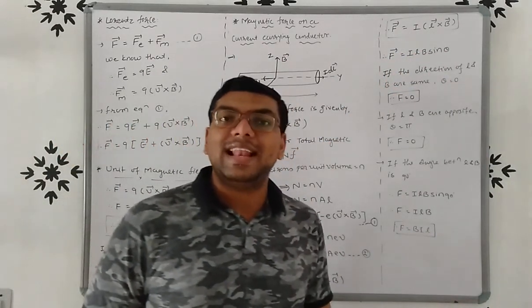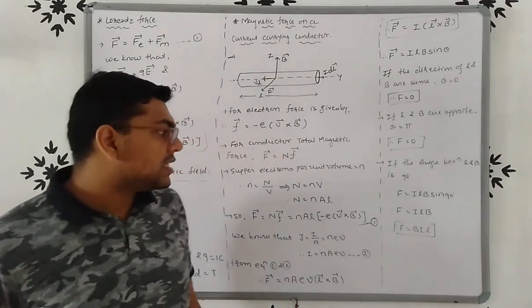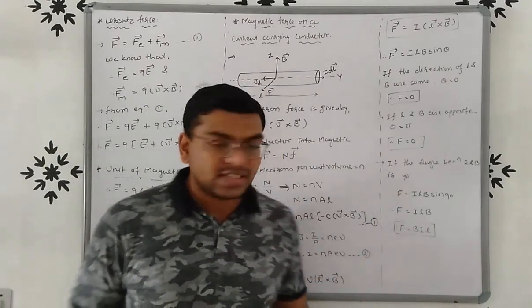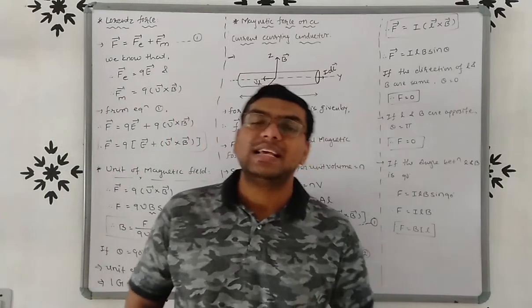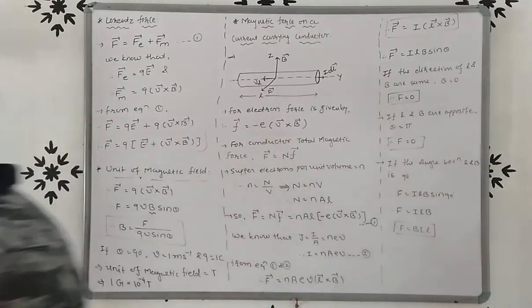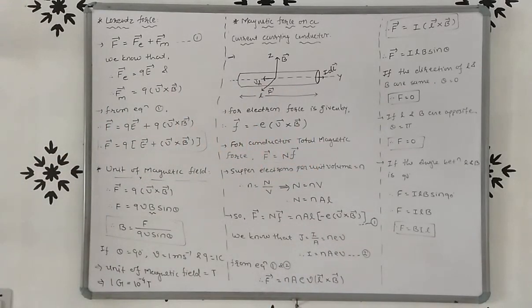And if L and B are perpendicular with each other, then the formula is F is equal to BIL. So friends, you have to remember these formulas of the magnetic field, right?